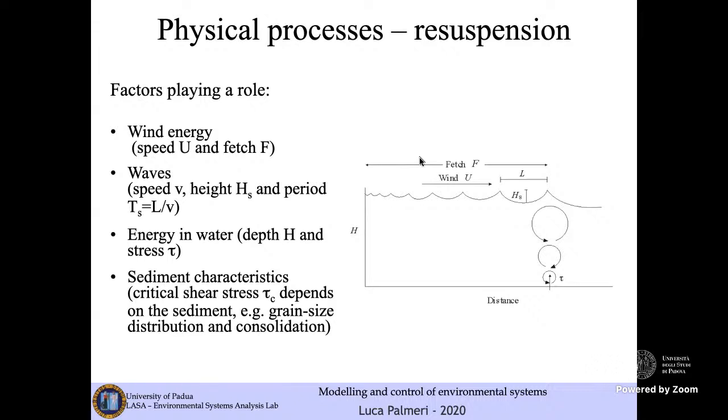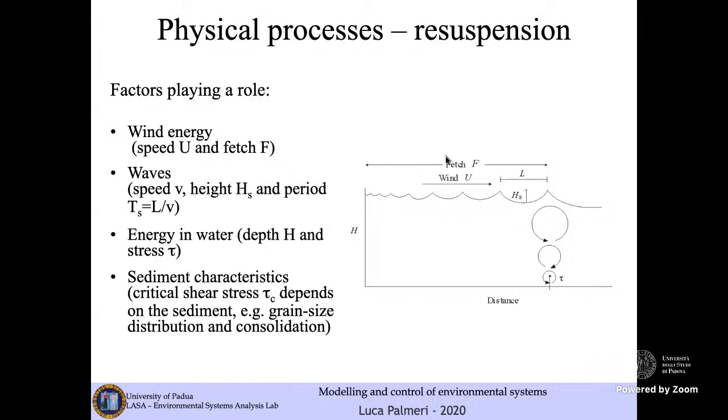What are the factors playing a significant role, especially in the process of resuspension? First of all, you have to include wind energy. And how much energy is transferred from the wind onto the water body depends on the speed of the wind. So this U is the speed of the wind blowing onto the surface of the water body, and the fetch.